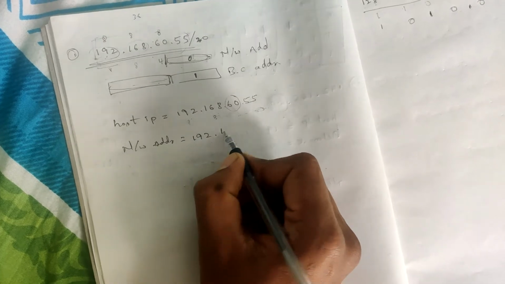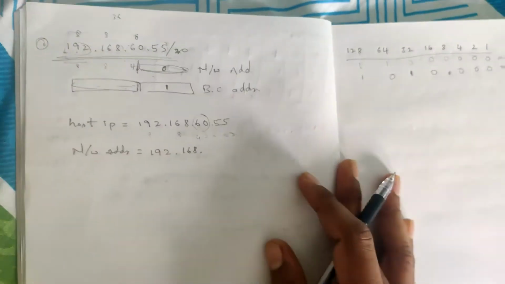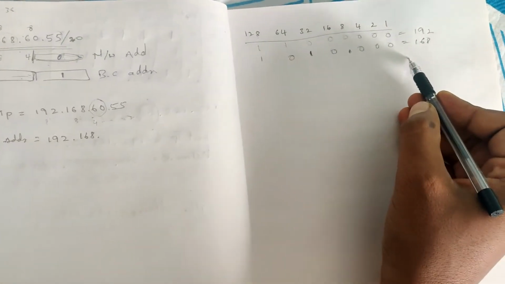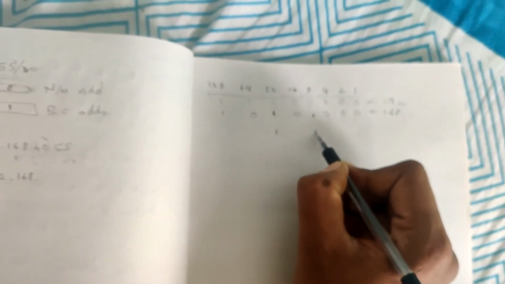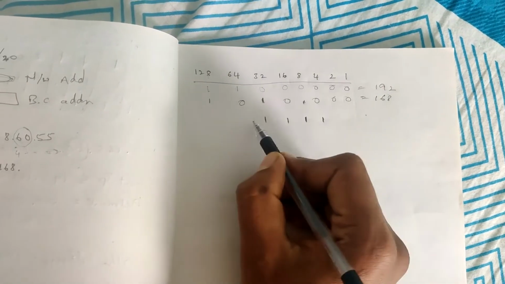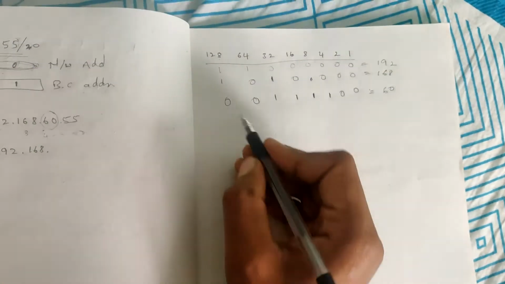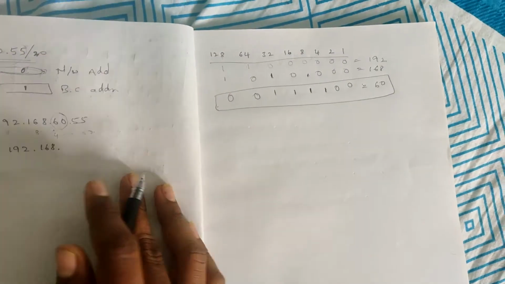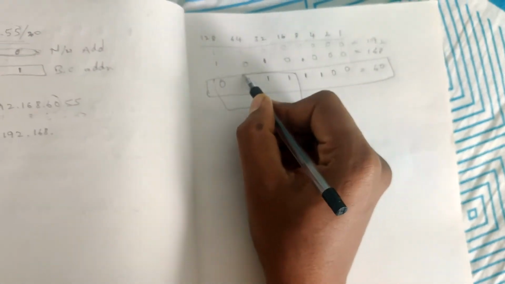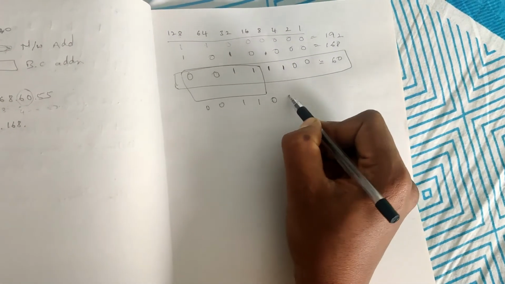After these 4 bits are fixed, you have to convert 60 into binary format. 60 is 32 plus 16 plus 8 plus 4, which is 00111100. From here the first 4 bits are fixed, so you write 0011, and the rest of the bits are turned off, 0000.